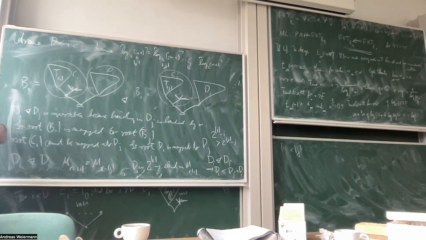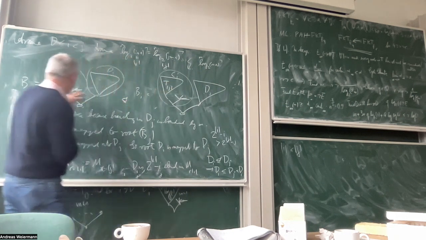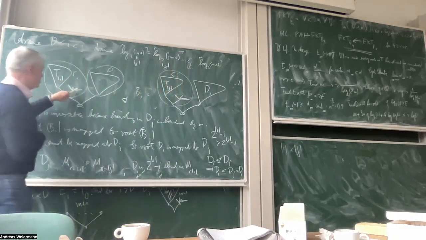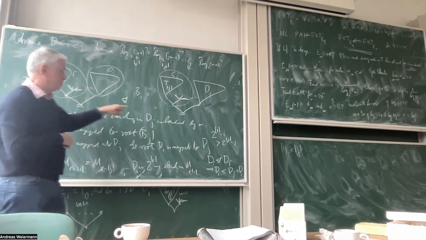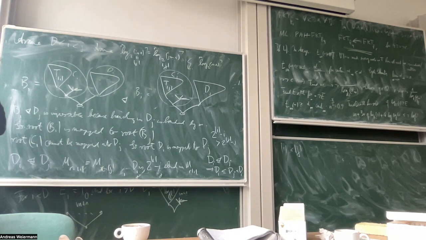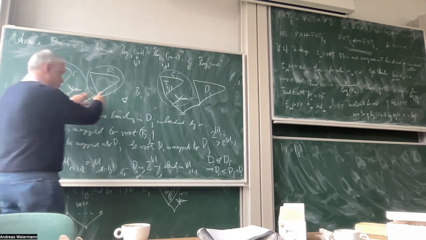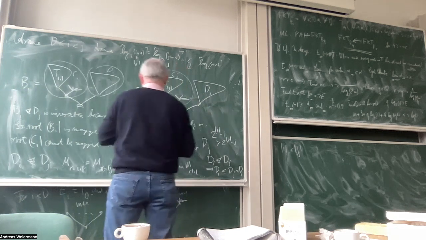And we do again the same argument as before. This tree cannot be embeddable into this part by canonical arguments. This tree cannot be embeddable into this tree because it's a branch. So if this is going to happen, then the root has to go into the root. Now this tree has to go into the immediate subtree over there and vice versa. You can see the branching m plus 1. This tree has to be embedded into this tree, and this tree has to be embedded into this tree.